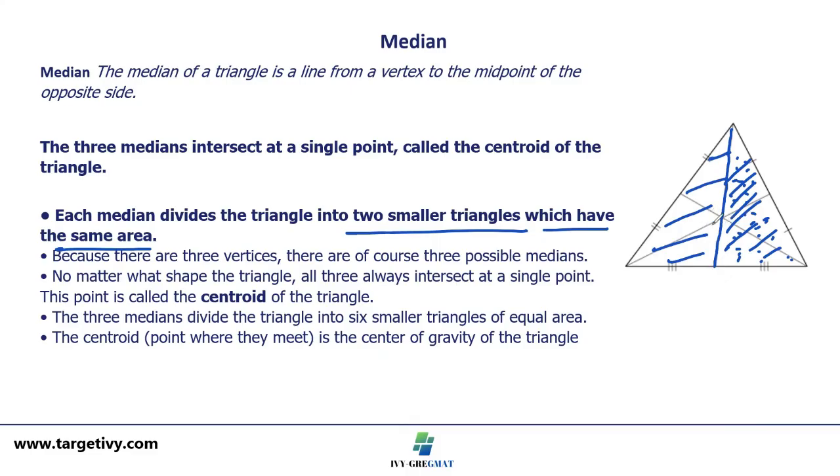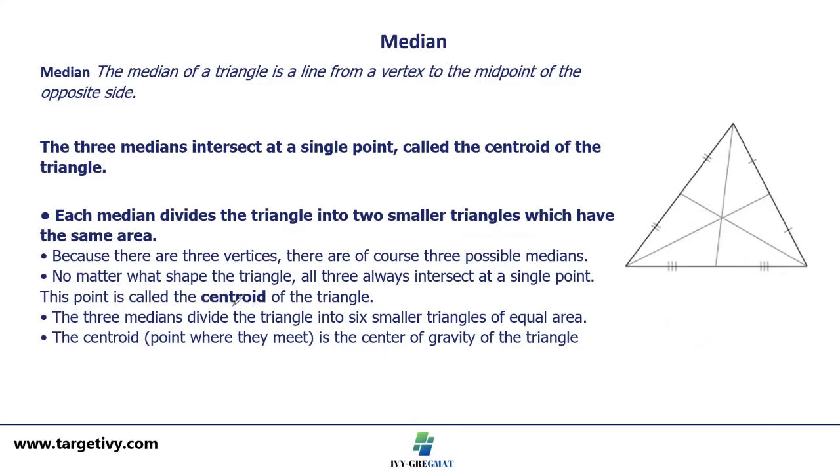So obviously this is half the bigger triangle. These are the two triangles, triangle 1 and triangle 2, having the same area, right?